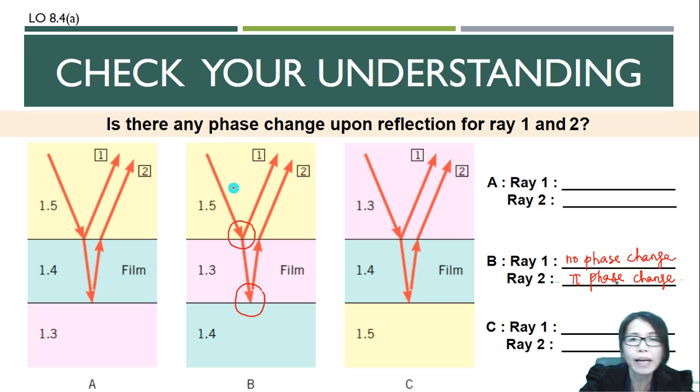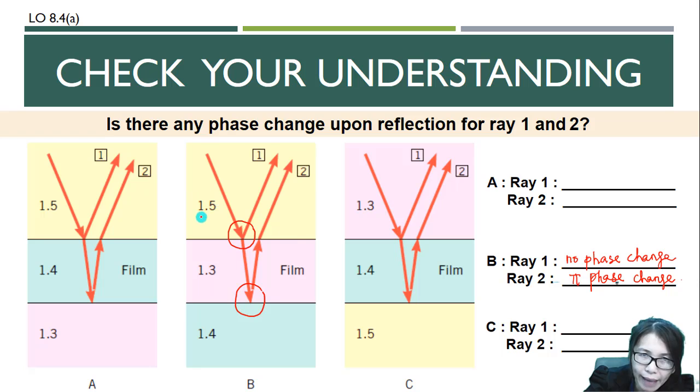Okay, so ini adalah cara kita tentukan sama ada reflected ray kita mengalami phase change upon reflection ke tidak. So, apa you perlu buat? You just compare, sebab cahaya kita gerak dari atas pergi ke bawah. So, you just compare nilai refractive index atas dengan yang bawah.